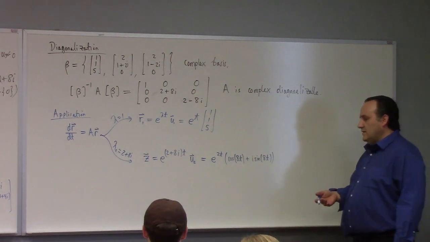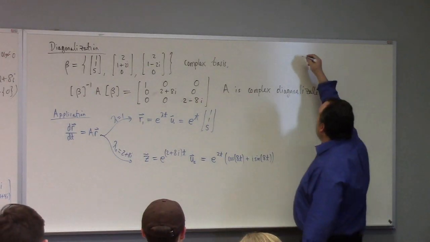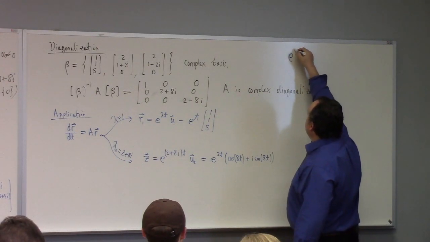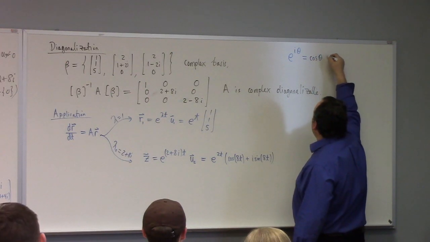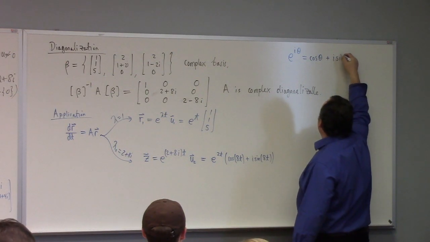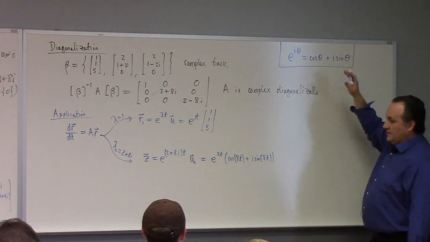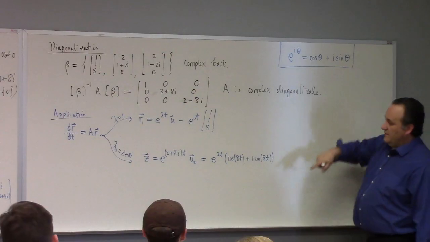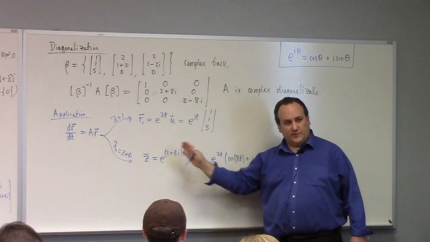So here I'm using the so-called imaginary exponential. There's a general result, guys: if I have e to the i theta, that gives me cosine theta plus i times the sine of theta. So this is something to know about. And also, if I have e to the 2 plus 8i times t, the laws of exponents work.